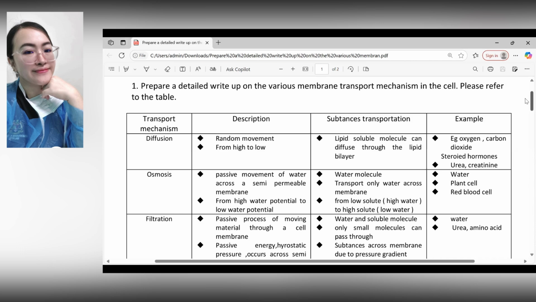The substance transported is water molecules, and it transports only water across the membrane. Also, the description is from low solute, high water to high solute, low water. Examples of osmosis are water, plant cells, and red blood cells.